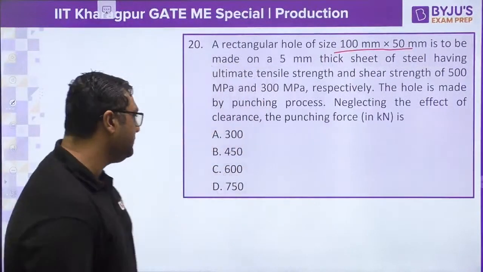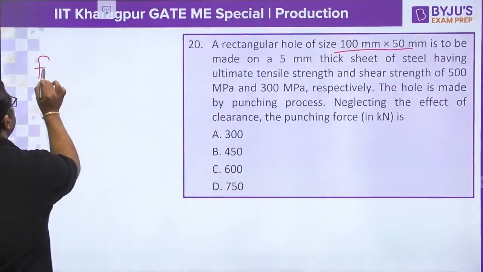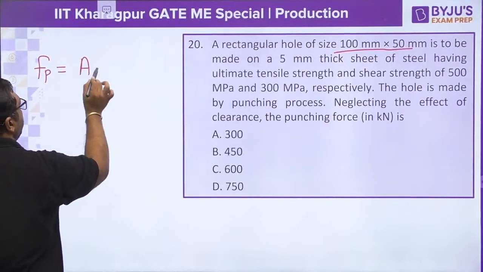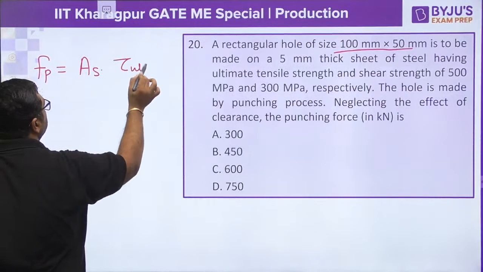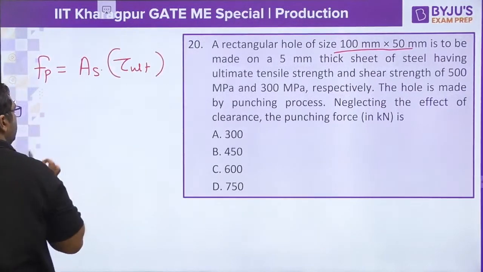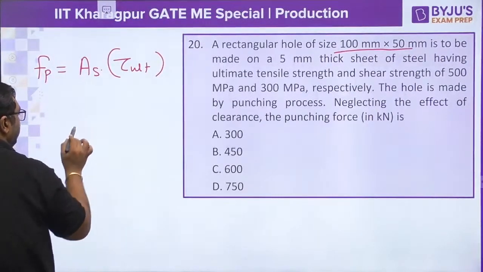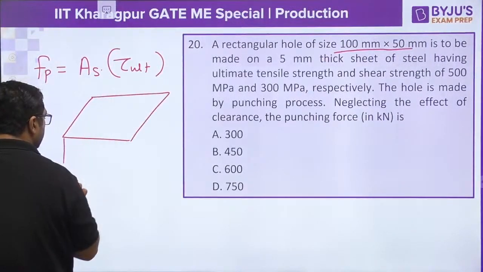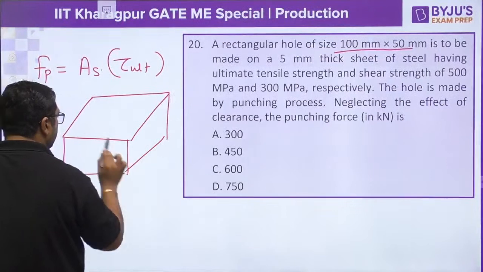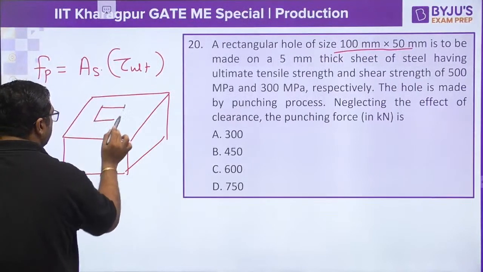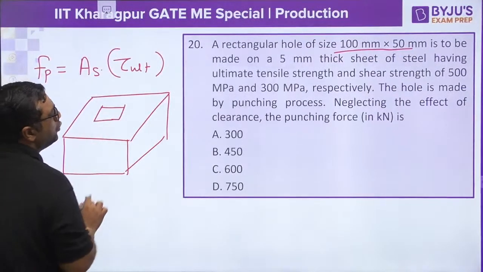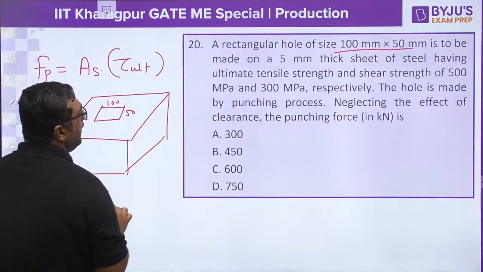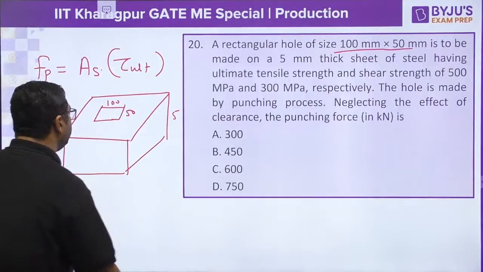Guys, you know that the formula for punching force requirement is going to be shear area into tau ultimate. So shear area, this time the hole is going to be rectangular, whose 100 and 50 are the width and length, 5 mm is the thickness.